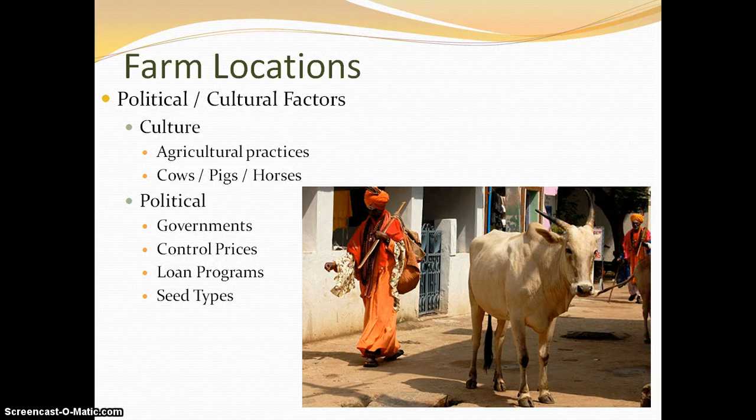Governments might also encourage the production of certain seed types and seed varieties based on what might be more conducive to growing in that particular region. Maybe they want to keep a particular seed variety in a particular country and they don't want to introduce foreign seed varieties because of the fear of cross-population of seed varieties.